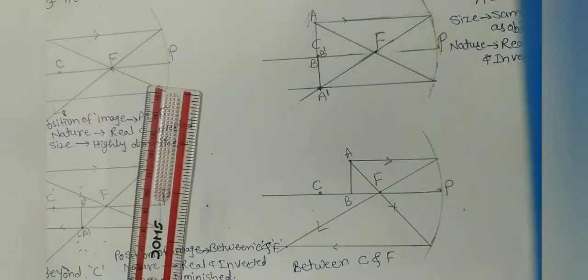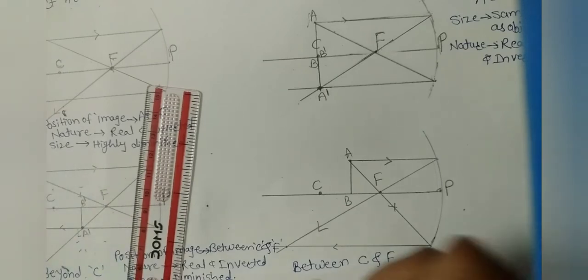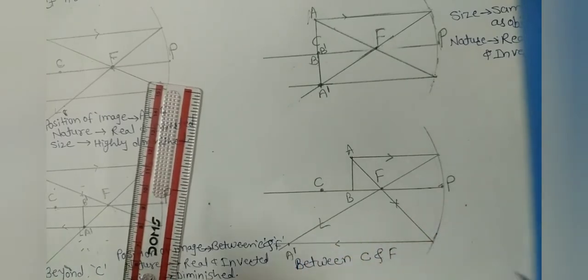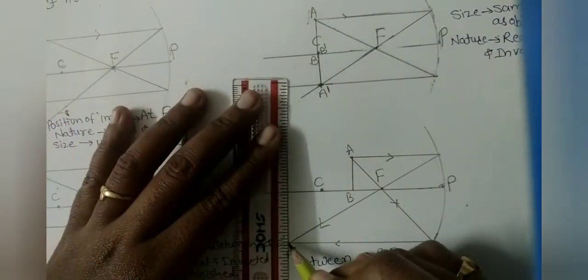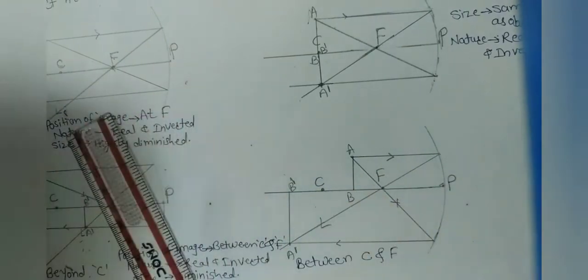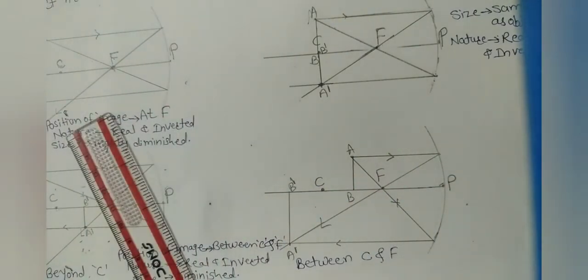After reflection, these two rays meet at a point and give us the image of point A, that is A dash. Now draw a perpendicular line A dash B dash on the principal axis. This is our image of the object.